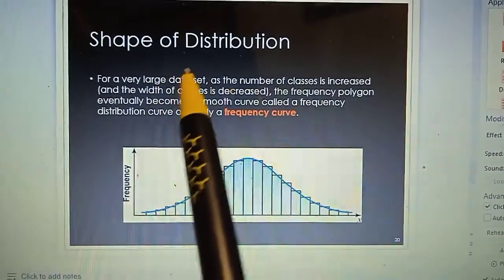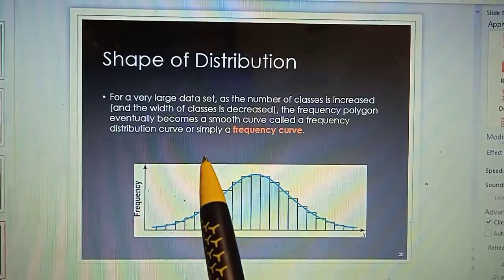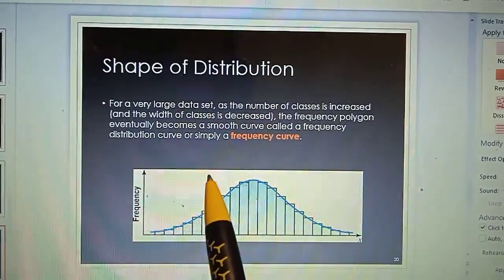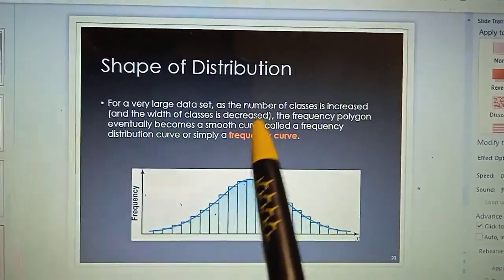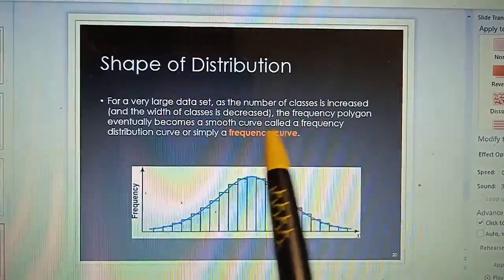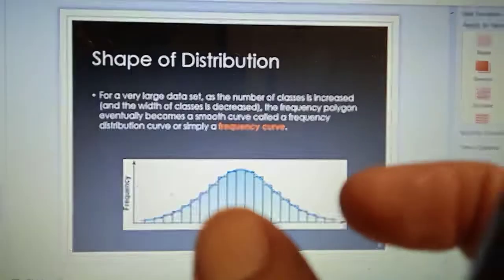Okay, next, shape of distribution. For a very large data set, if we collect more and more data, the bigger the size of the data set, the number of classes increases and the width of classes decreases, meaning the scale becomes smaller.